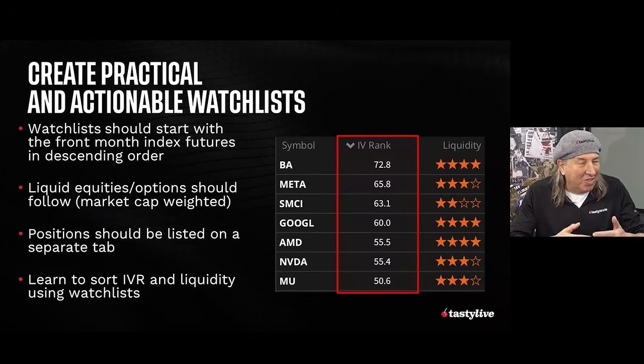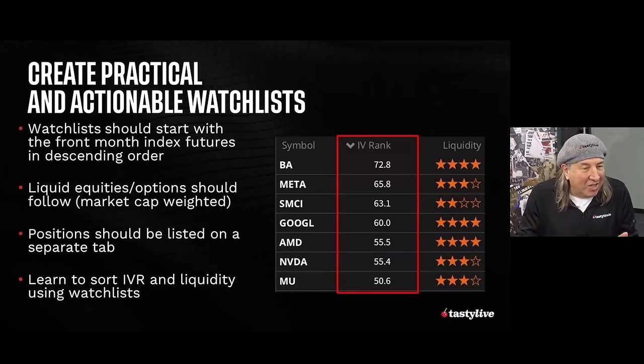Like, I will put gold, silver next to gold. I'll put 10-year notes next to bonds, that kind of thing. But then following that, I will list equities, most liquid equities first. You'll probably start off with the top 7 or 8 most actively traded underlyings, and then all the way down to, let's call it, the first 75 to 200.